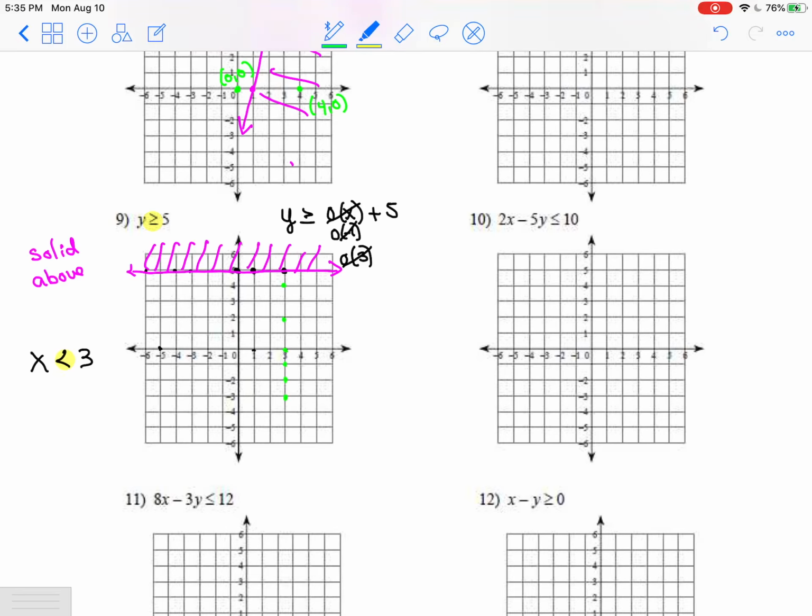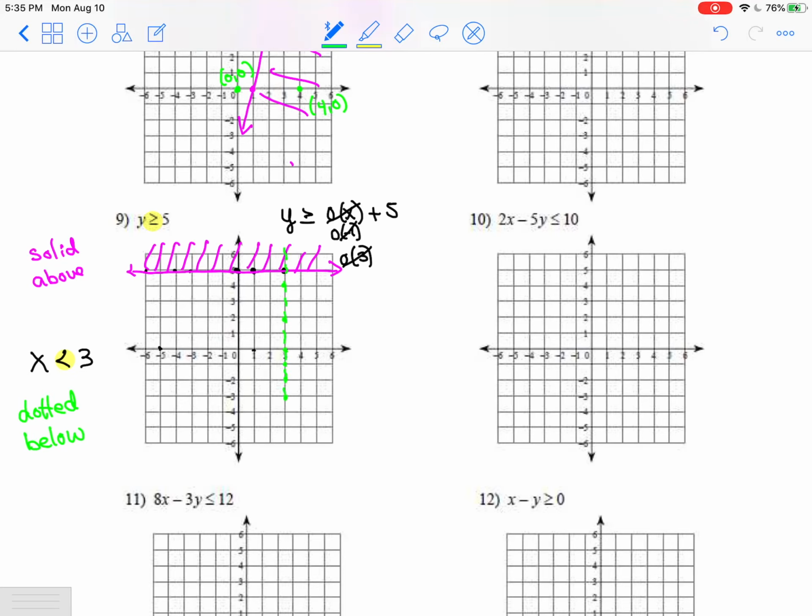Take a look at our sign. Less than. Okay, what does that mean? Well, it means that we have a dotted line, first of all, because it doesn't have an or equal, so it doesn't include that line at x is equal to 3. And below, because we have the word less.